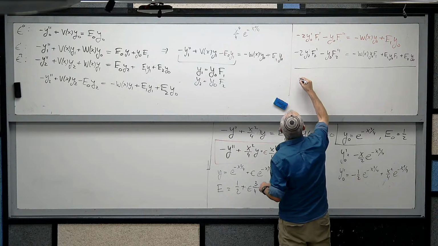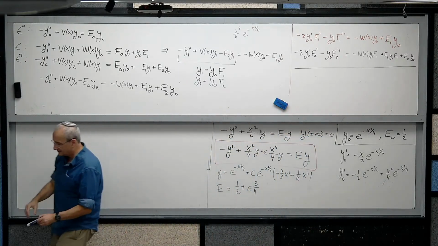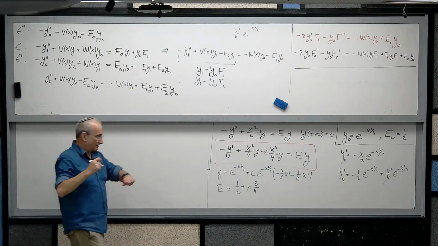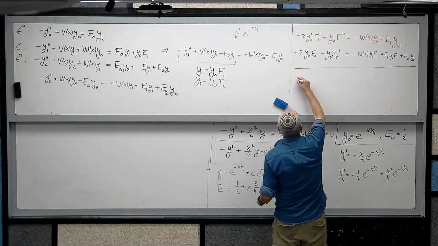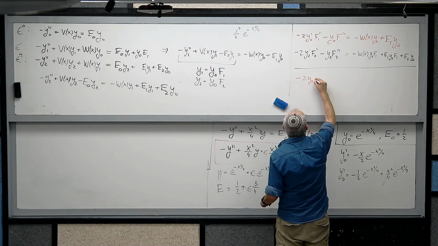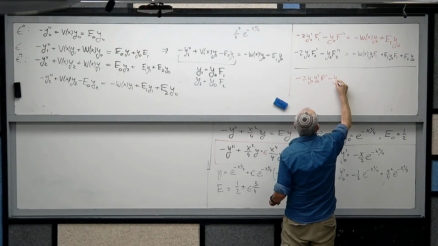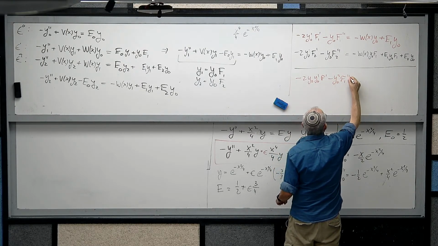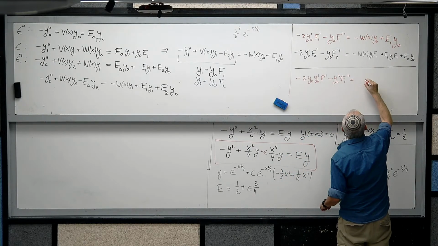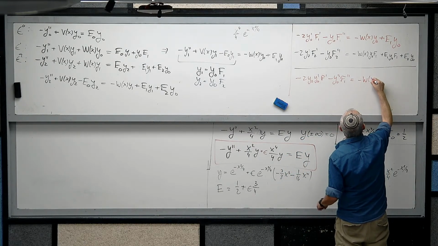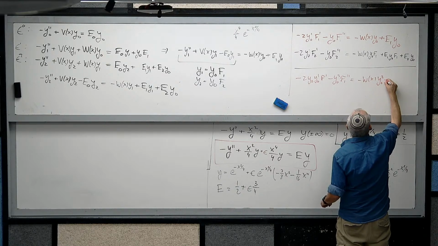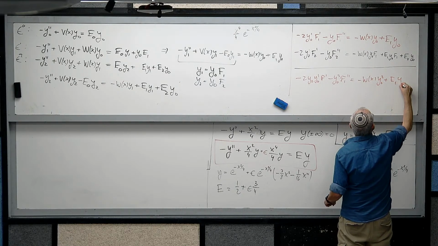So what we will get, let me write it in red, such that it will be clear that we're continuing the same thing: minus 2 y naught prime f prime, minus y naught squared f1 double prime is equal to minus w of x y naught squared plus e1 y naught squared.